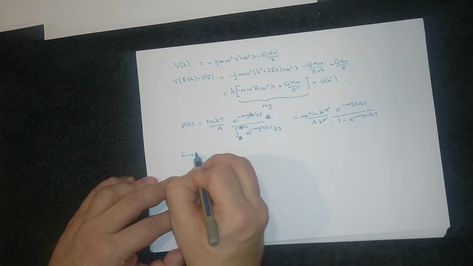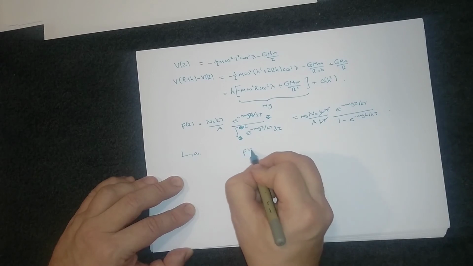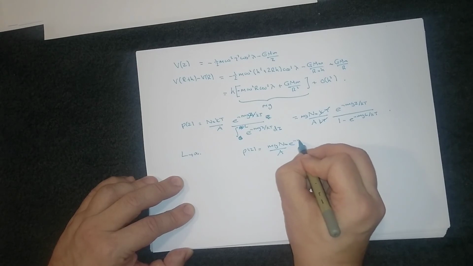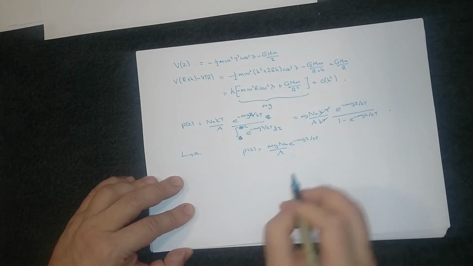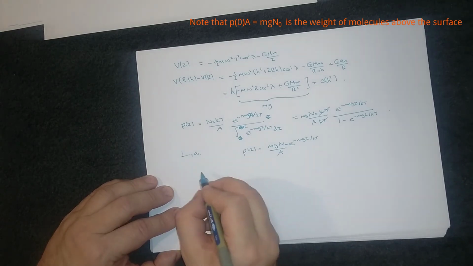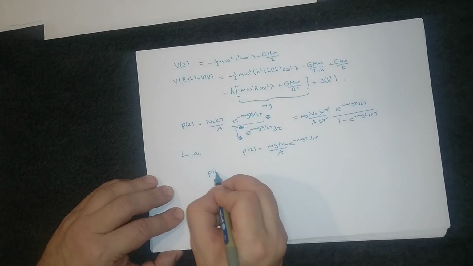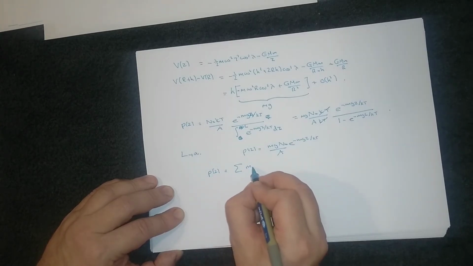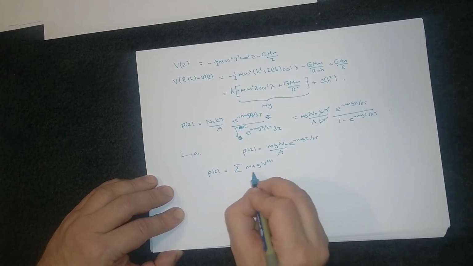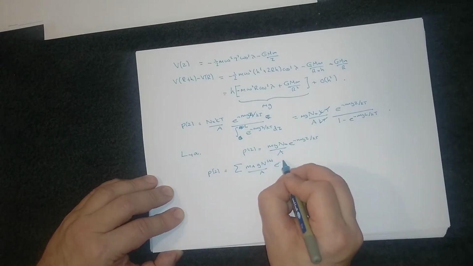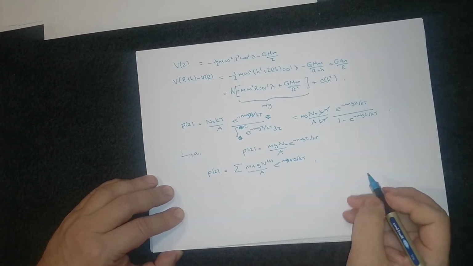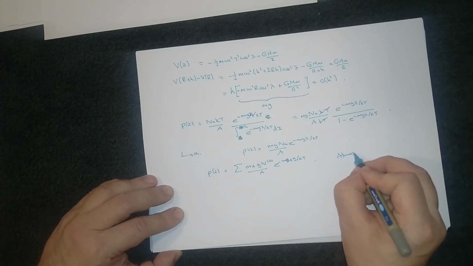In the limit that L goes to infinity, we get P of z is mg N0 over A e to the minus mgz over kT. So if we have a mixture of gases, by Dalton's law, the pressure at height z is the sum of m_a g N_a over the area e to the minus m_a g z over kT, and that's the formula for atmospheric pressure.